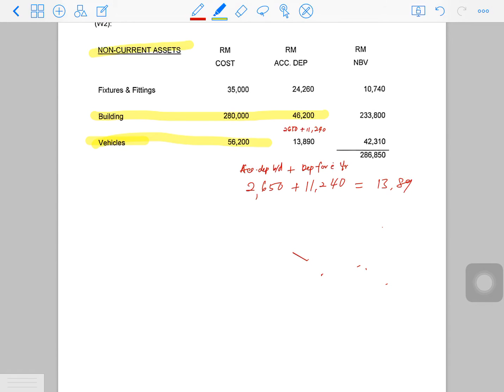Or you can just simply deduct net book value with your depreciation.